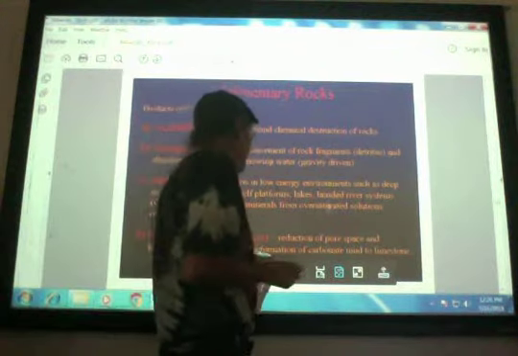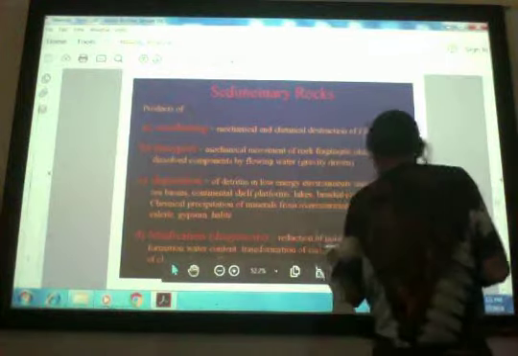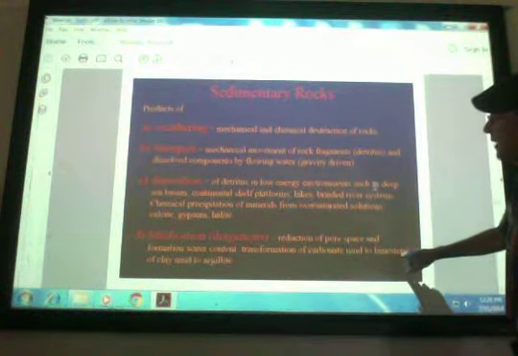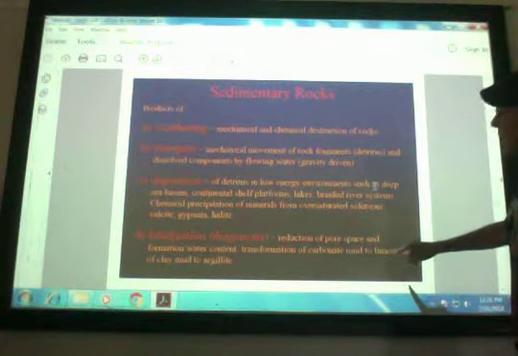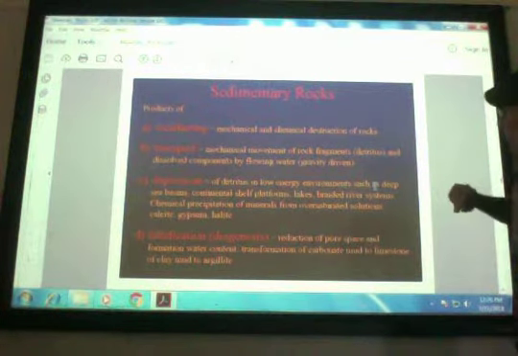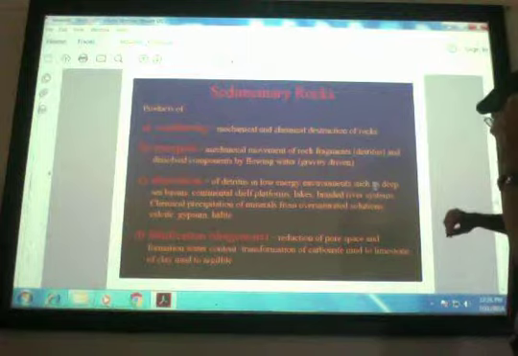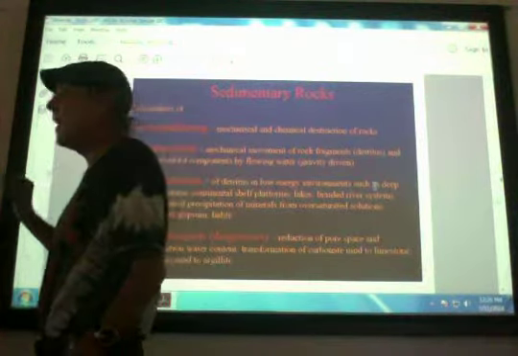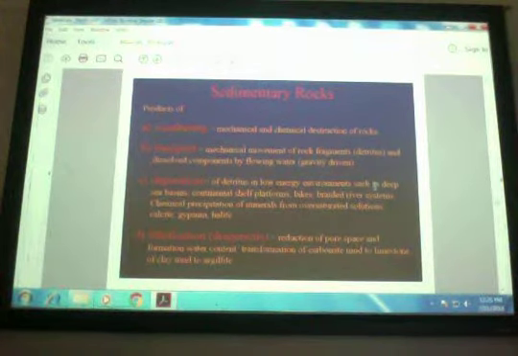And there we have then the transformation of carbonate mud to limestone, and then to clay. And that is actually then the beginning of very, very low-grade metamorphism, yeah?